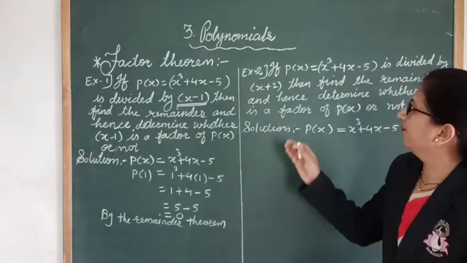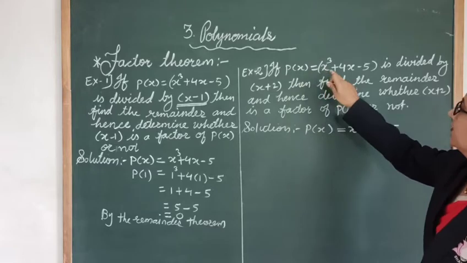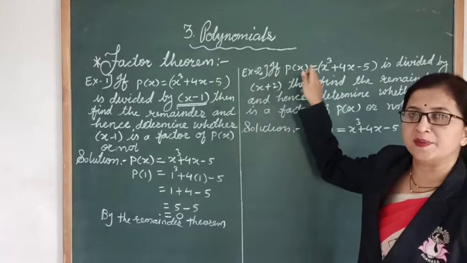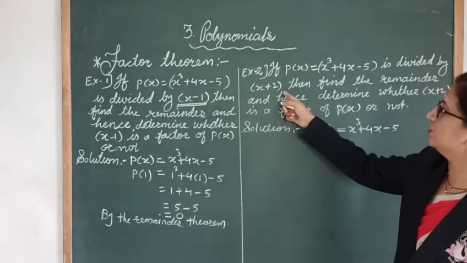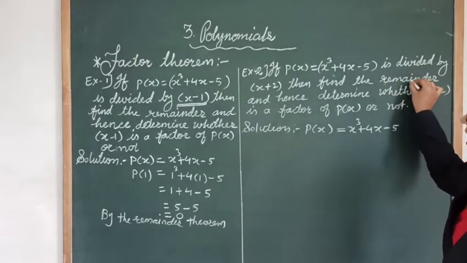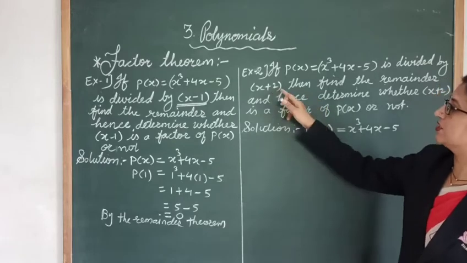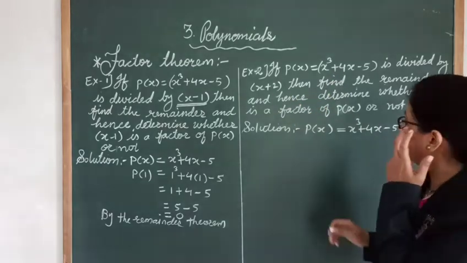Now here we have the same polynomial. So polynomial in x is equal to x cube plus 4x minus 5. Same polynomial is there. Now this polynomial is going to be divided by x plus 2. And here also we have to find out the remainder, and after that we have to decide whether this x plus 2 is the factor of this polynomial or not. Okay. So let's find out.